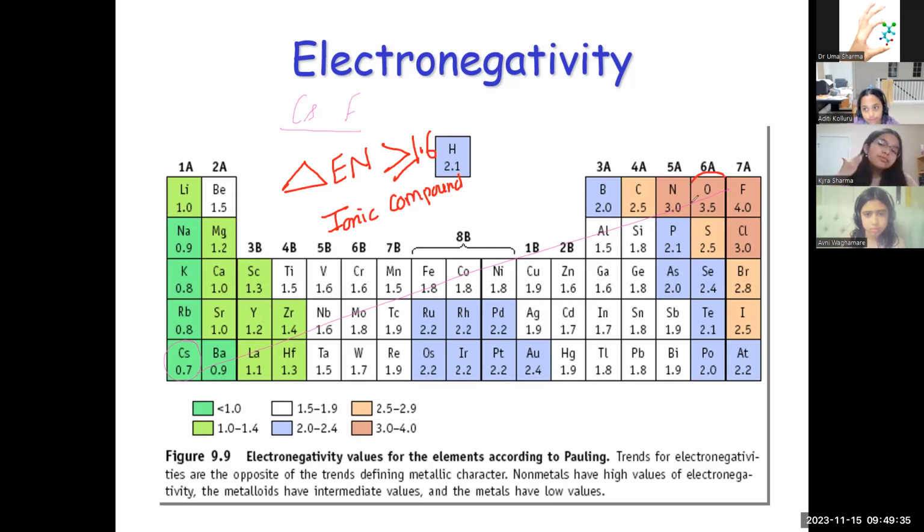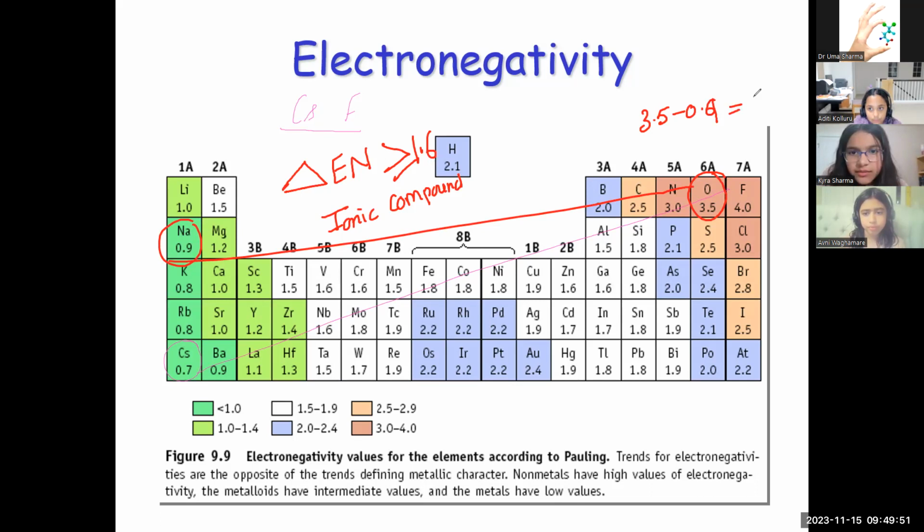Like oxygen with sodium. See the difference? 3.5 minus 0.9 is 2.6, which is more than 1.6.